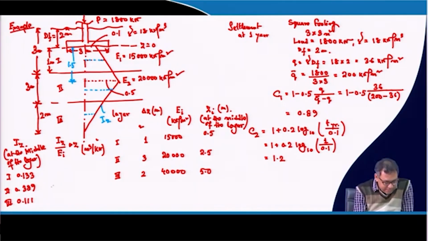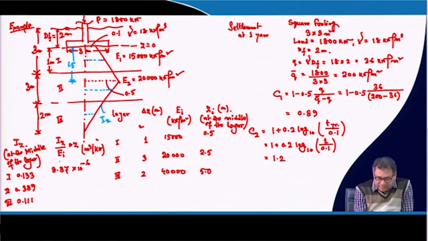And then we will add them, and on addition we get 8.87 into 10 to the power minus 6. Once we get the Iz, then I know the delta z, then I know the E_i.